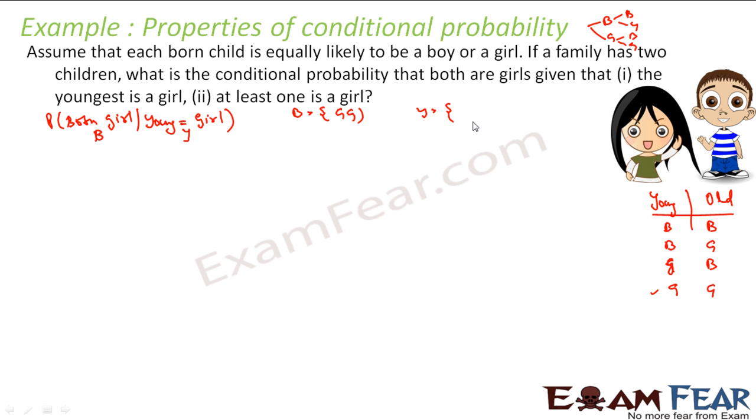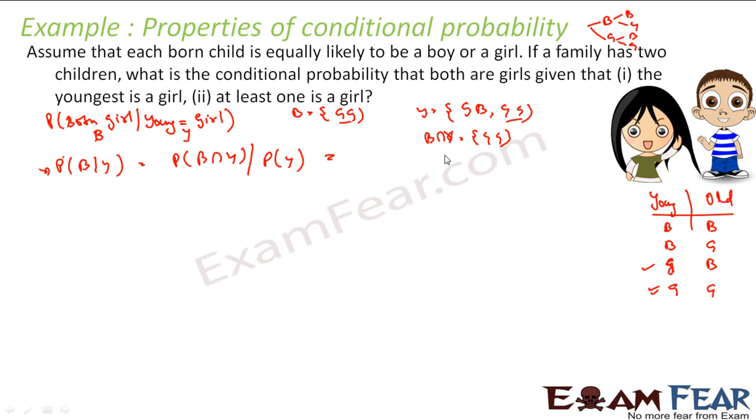Y is young equals girl, which has 2 elements, GB and GG. So I have to find the probability of B given Y, which is the probability of B intersection Y divided by the probability of Y. B intersection Y will have what elements? GG, correct? That is the only common element between B and Y.